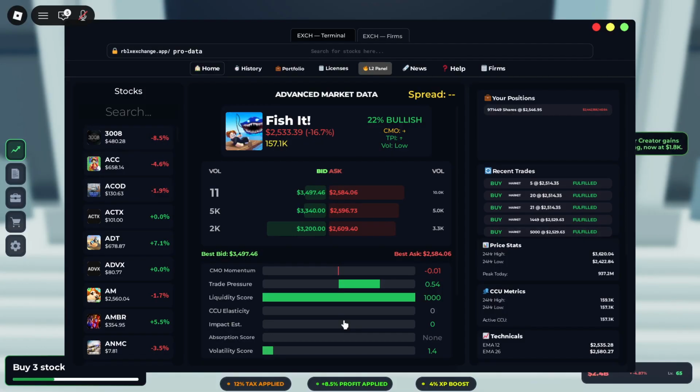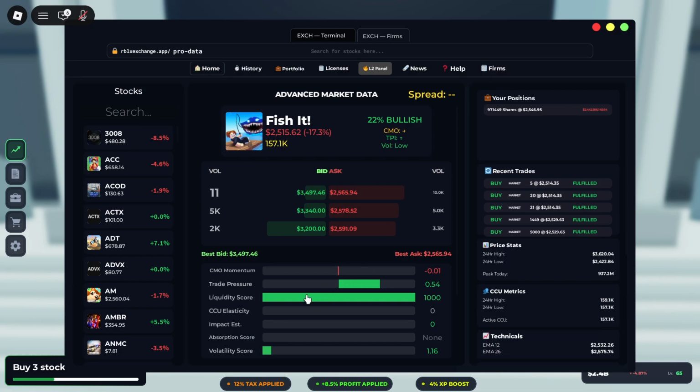Now, what exactly is a trade pressure index, or TPI? It basically asks the question, are players buying or selling this stock? According to the TPI currently, it's saying that players are more buying this stock. It's a positive 0.54, meaning that more players are buying this stock than selling it.